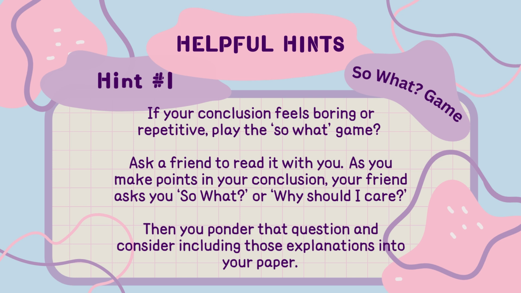Or why should I care about that? And then as you ponder that question and you answer or explain those things to your friend, those are the things that go into your conclusion. So if they say, so why should I care about global warming? You're going to say, because this is the reason. But then that is the summaries and the restatements that go into your conclusion.